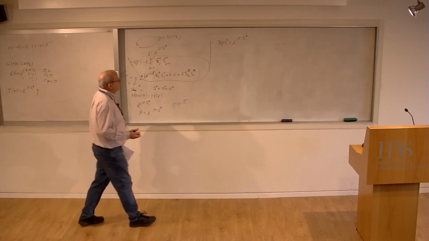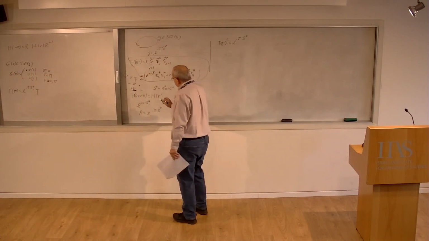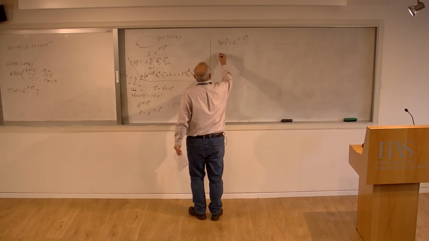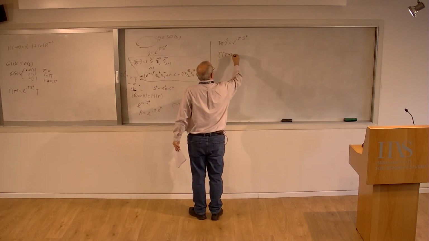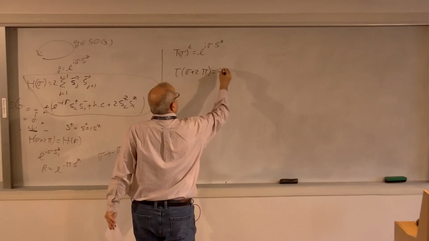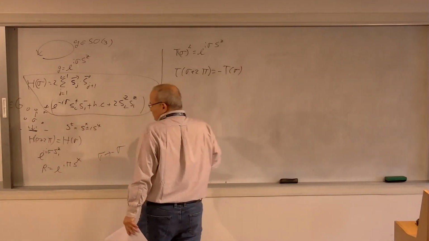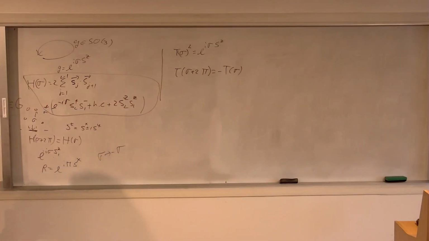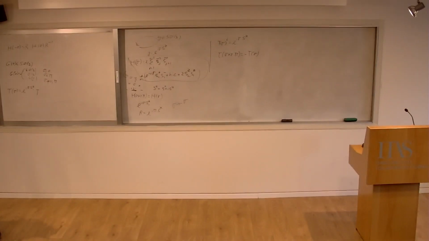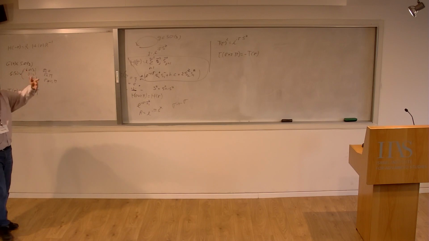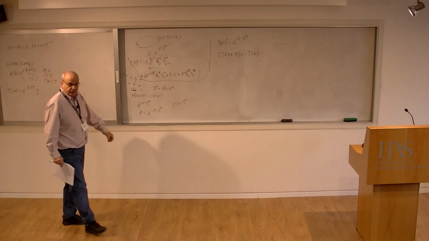Now comes another equation. The Hamiltonian at sigma and sigma plus 2 pi is the same. But T of sigma plus 2 pi equals minus T of sigma. What happened here? I said that the Hilbert space, if L is even, is periodic in sigma plus 2 pi, in a representation of SO(3).